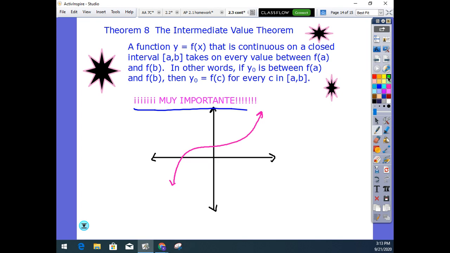So first of all, we talk about a function that is continuous, highlight continuous, and on a closed interval. In order to use the intermediate value theorem, you have to first say closed and continuous.